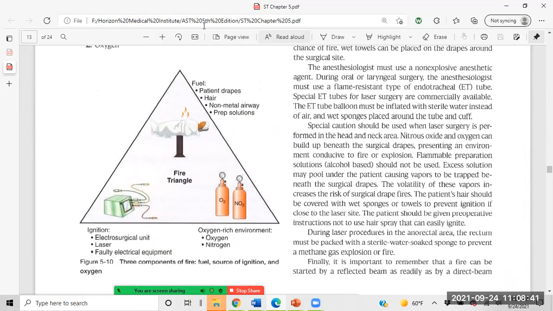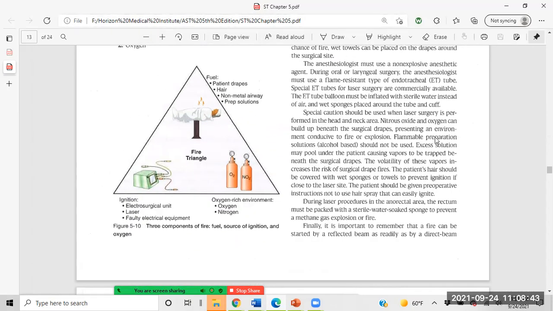So in this fire triangle, we're looking at, here is the ignition sources. So you've got your ESU unit, lasers. Lasers are a really easy way to start a fire as well. Any electrical equipment that could be faulty could be a strong risk for starting a fire. And then we have a lot of fuel in that OR. So we've got patient's hair.